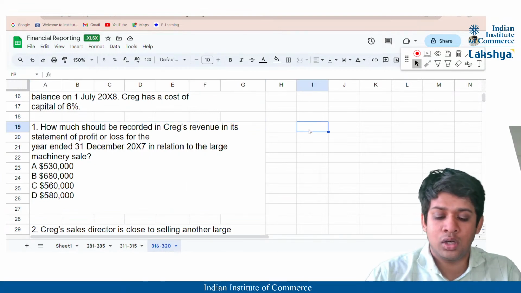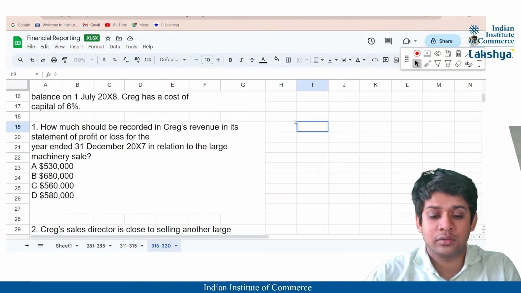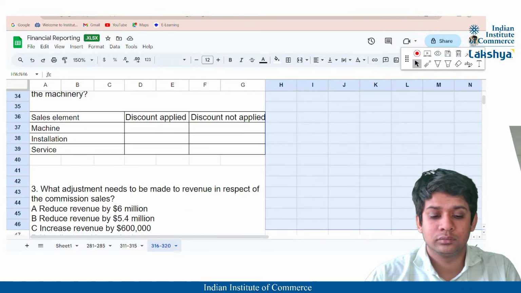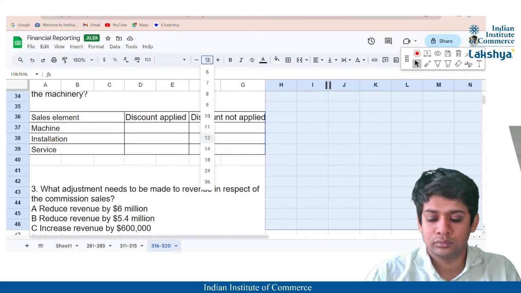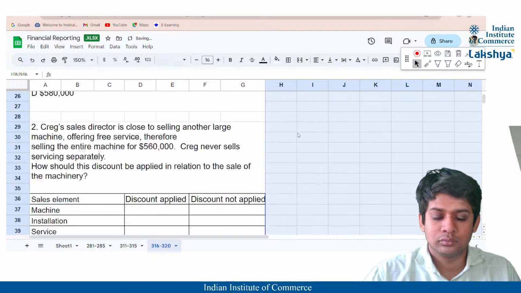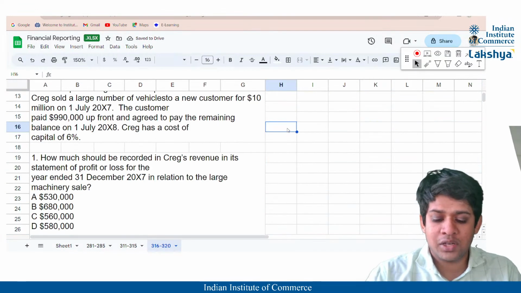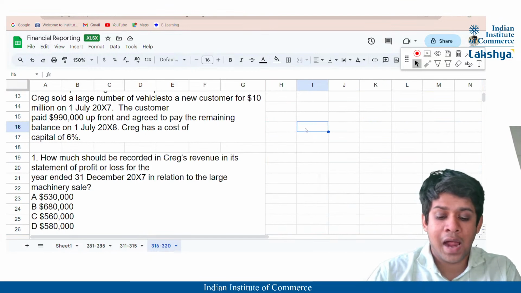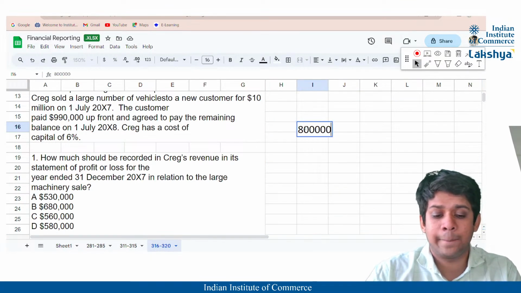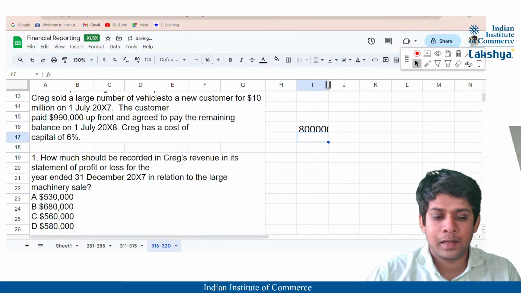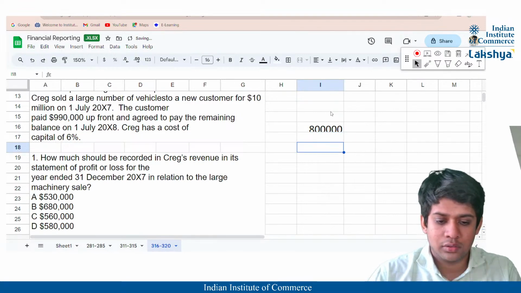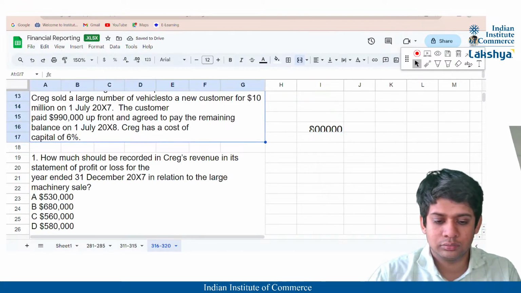Firstly, the machinery was sold in total for 8 lakh, right? In total, the machinery, installation, and the servicing was sold for 8 lakh, correct?